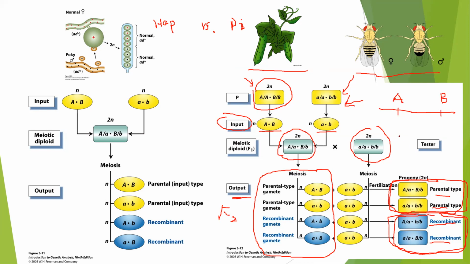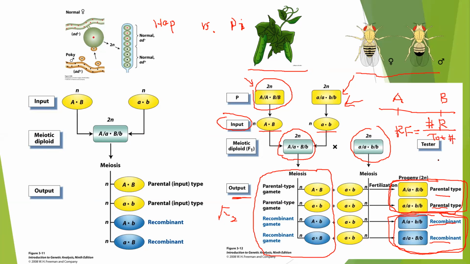We have learned we can use the recombination frequency, which is defined as the number of the recombinants divided by the total number of the progeny.